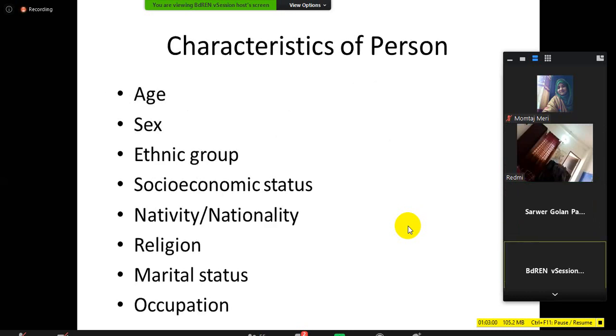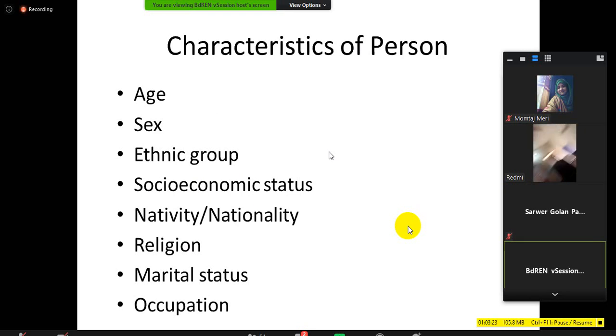So this is the characteristics of person: age, sex, ethnic group, socio-economic status. Yeah, also remember, please, when we are talking about the socio-economic status, we actually mean education, occupation, and monthly income.